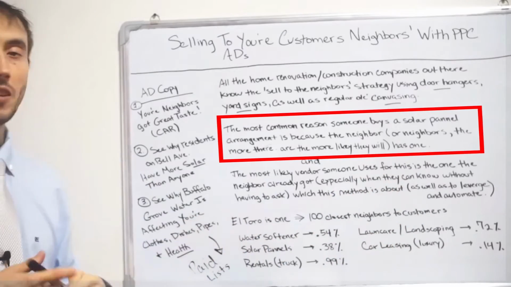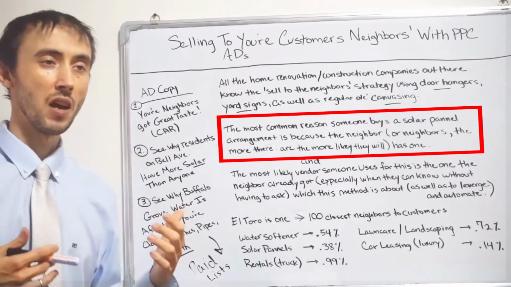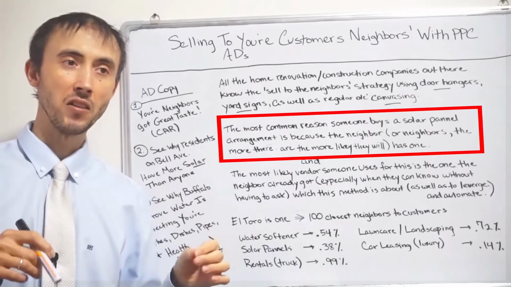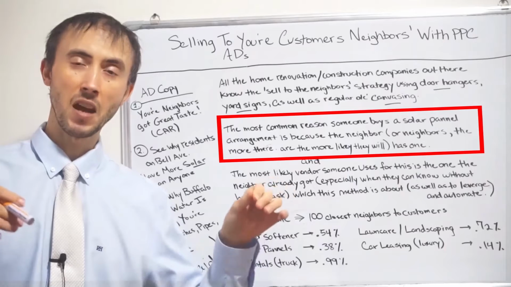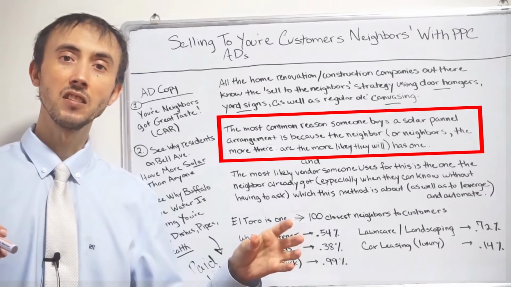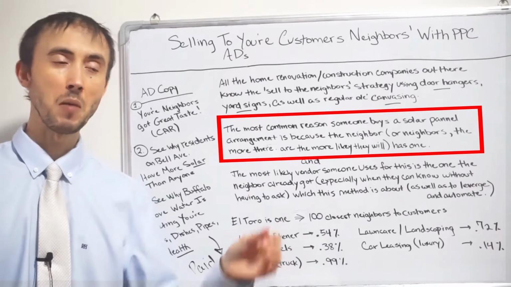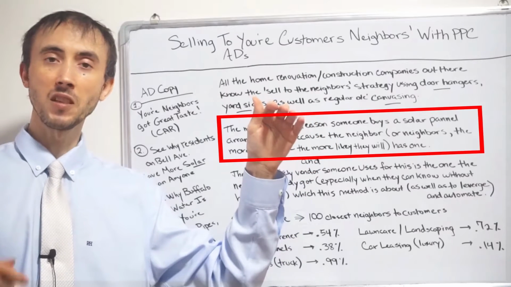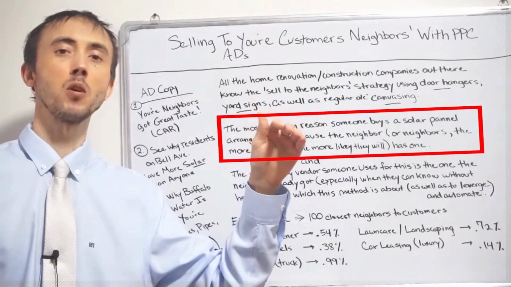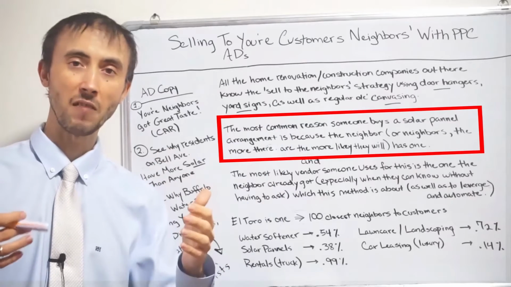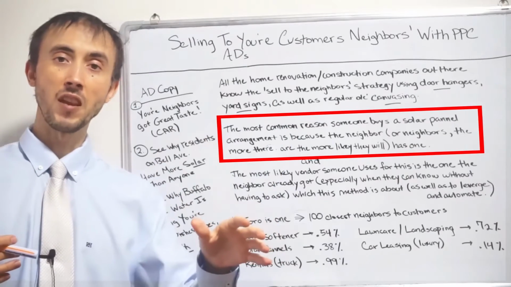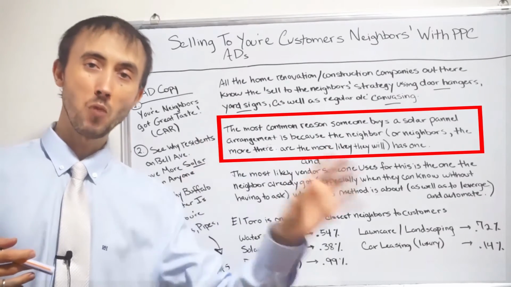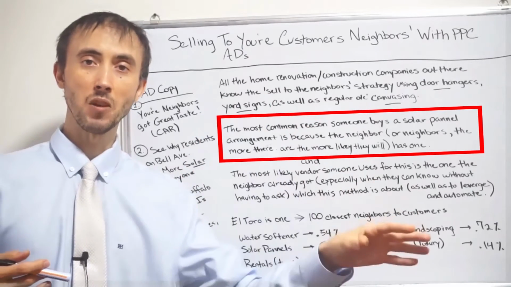In other words, to put this another way, the most likely thing that gets you to buy a solar panel is seeing your neighbor have a solar panel. Otherwise, you're not nearly as likely. Obviously somebody's got to kick it off to be the first one in the neighborhood to buy, but the thing that gets people to buy more than anything is the fact that the neighbor has it.